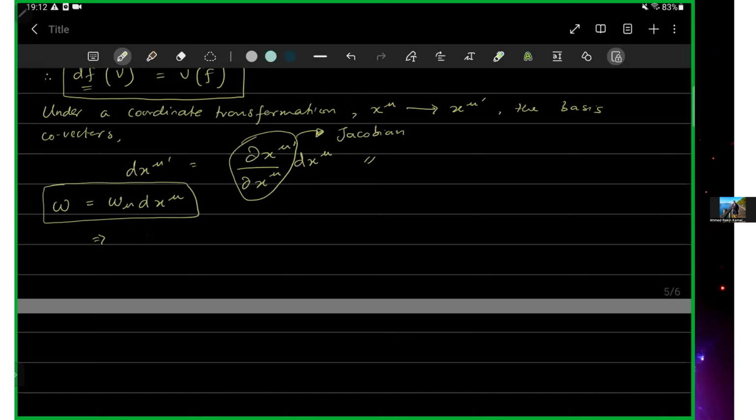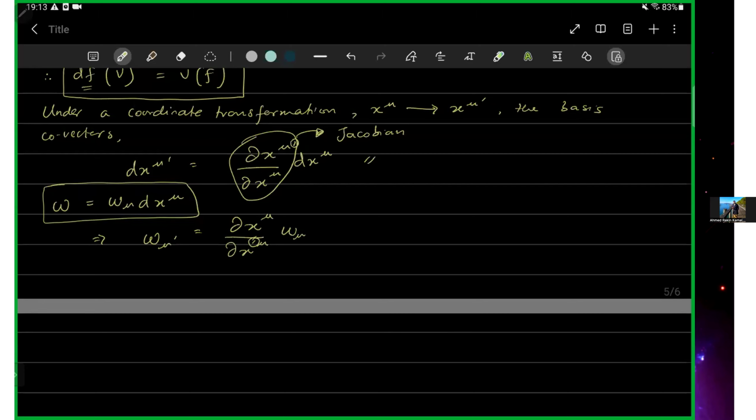So the components, therefore, of these covectors should also transform via the Jacobian, or in fact the inverse Jacobian, if you can notice over here, or maybe you don't see the prime, but there's a prime over here and there's a prime over here, so therefore it must be the inverse Jacobian omega mu.